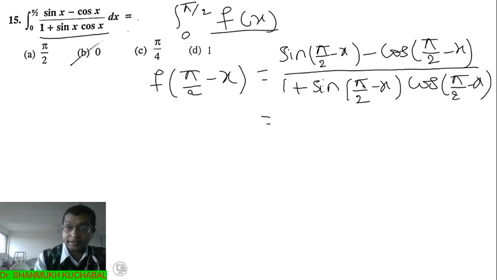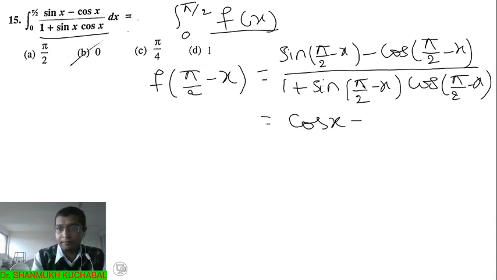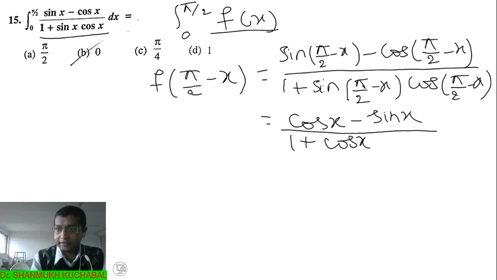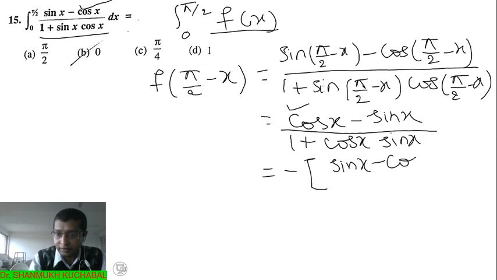So further, sin of pi by 2 minus x, using the allied angles formula, is cos x, and here it is minus sin x, divided by 1 plus, using allied angles, cos x and sin x. So look at the function: here it is plus cos x and here it is minus cos x. So we take a minus common outside: minus of sin x minus cos x, whole divided by 1 plus sin x into cos x.